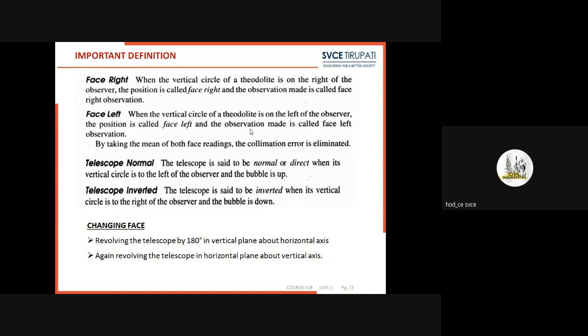And the telescope should be normal. If the surveyor has the vertical circle on the left side, then the telescope is normal. If it is on the right side, then the telescope should be inverted.